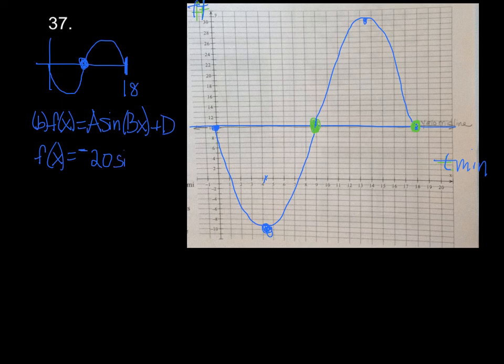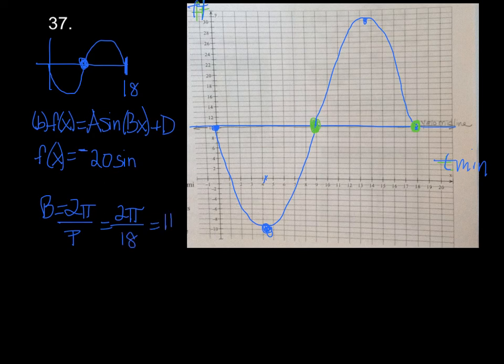Sine. All right, now b is your frequency. And remember, with the way that we can find that b, I'm just going to write it over here, is to do 2 pi, well, that's supposed to be an equal sign, sorry about that, over the period. And period means how long it takes to complete one full curve. Well, it takes 18 minutes to complete one full curve, so that would be 2 pi over 18.